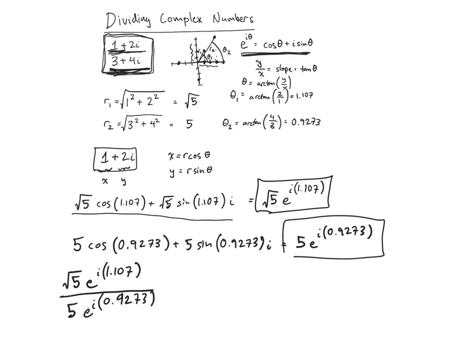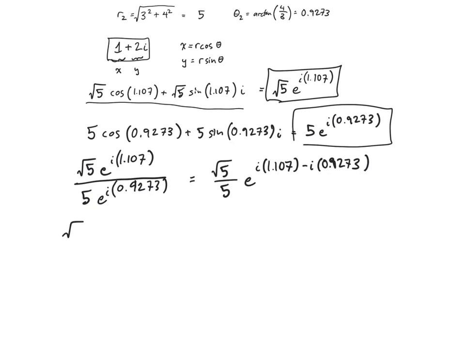But remember that when we are dividing exponents, we can combine them together and it makes a subtraction up above the e. So this becomes the square root of 5 over 5 e to the i times 1.107 minus 0.9273.